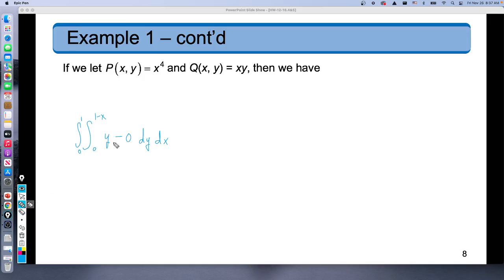Let's integrate. So y dy, so y becomes y squared over 2. And that's going to go from 0 to 1 minus x, dx, which goes from 0 to 1. Plug in the lower end, you're going to get 0, so that doesn't matter. So really we just have 1 minus x squared over 2.